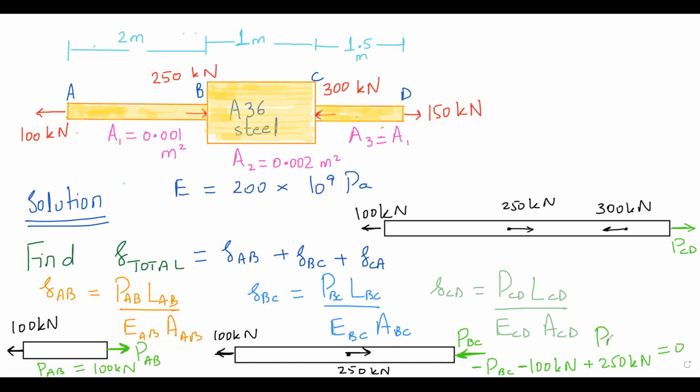So I get PBC as 150. In which direction? In this direction. I get PAB in which direction? In this direction. And I get minus 100.